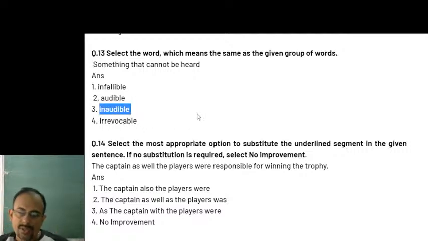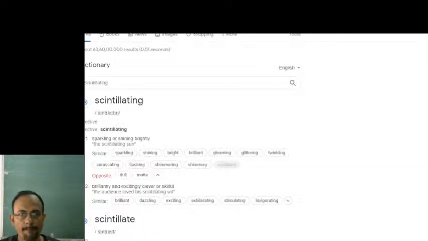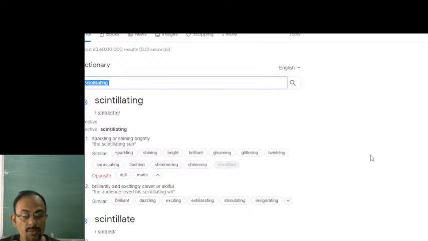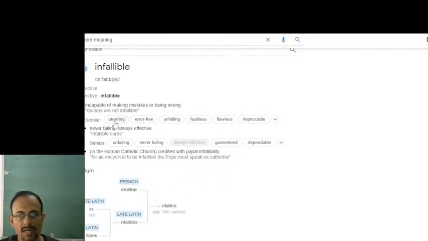Okay, dear students, before I go ahead, let me tell you: suppose you don't know the meaning of infallible, what you need to do is look for the synonym. Then you will be able to understand the meaning of the word. Infallible: you go to similar words.